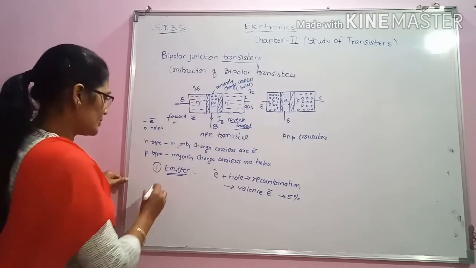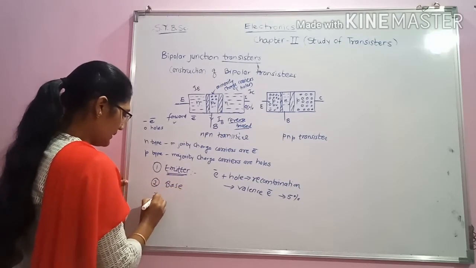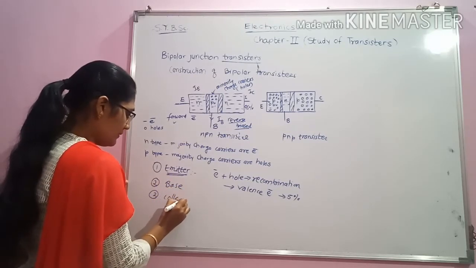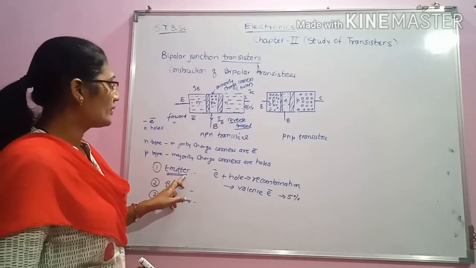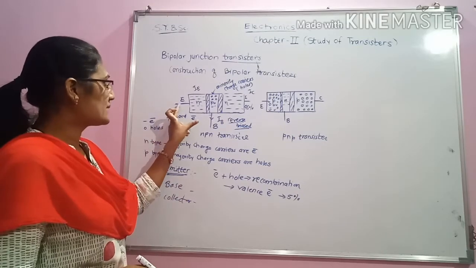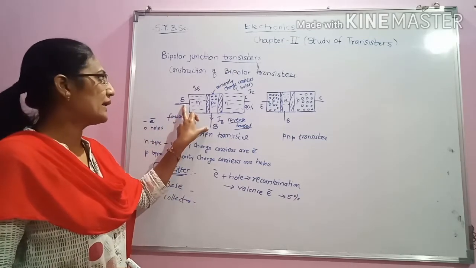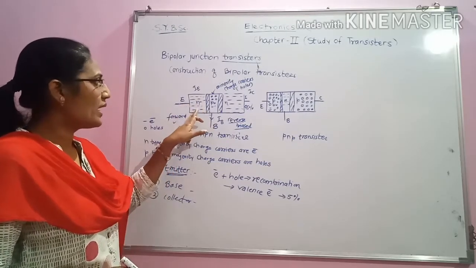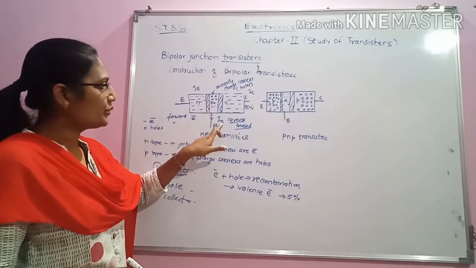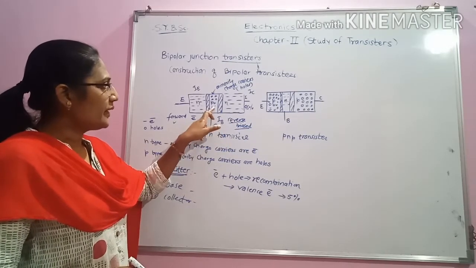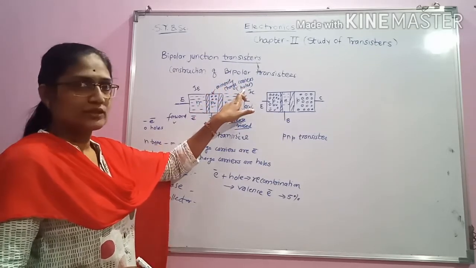So these are the functions of emitter, base and collector. What is the function of emitter? When we forward bias the emitter base junction, electrons will start to migrate through this portion, cross the barrier and come to the base. Here in the base there are minority charge carriers, that is holes.